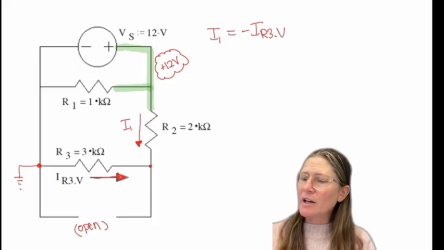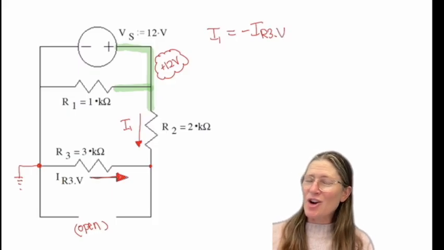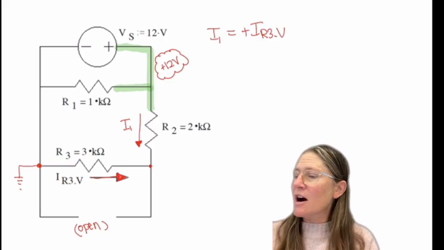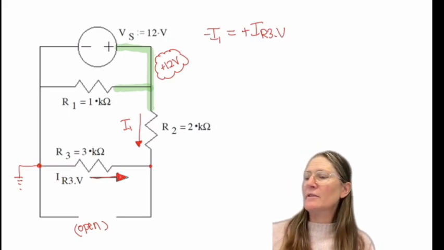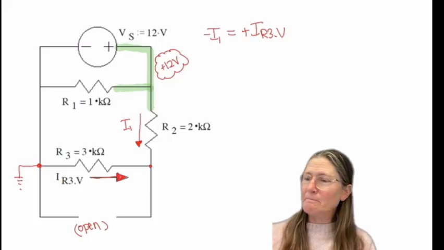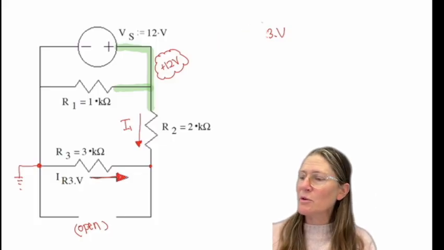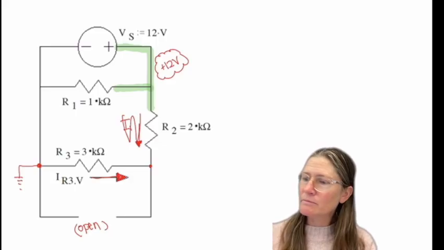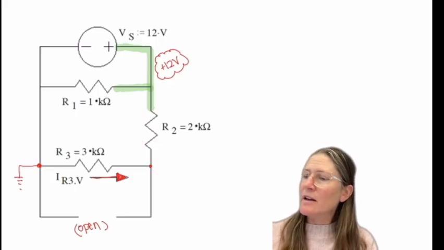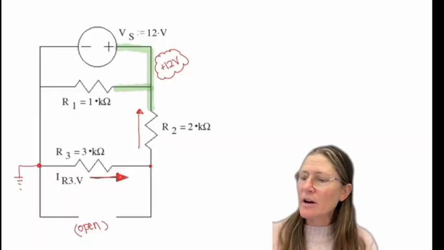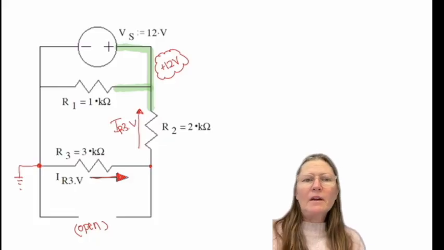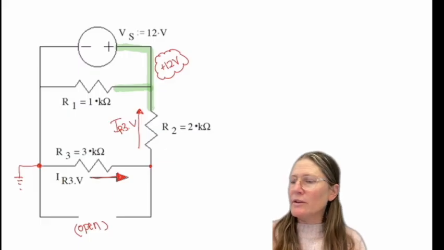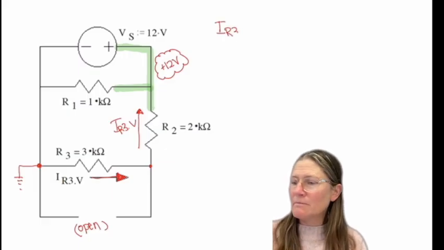Since I'm trying to find IR3.V, I'm just going to say that this is the opposite. So I'm going to actually just remove it and just call this IR3.V. So what is IR3.V?